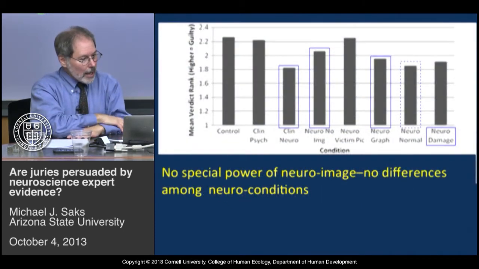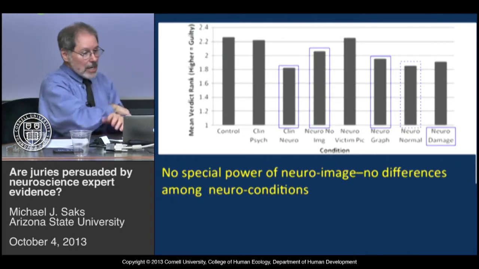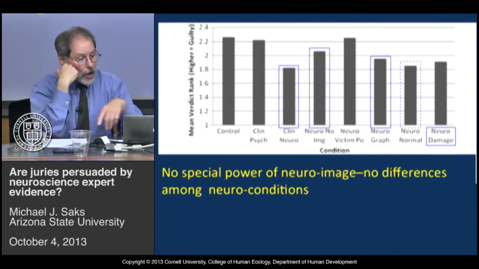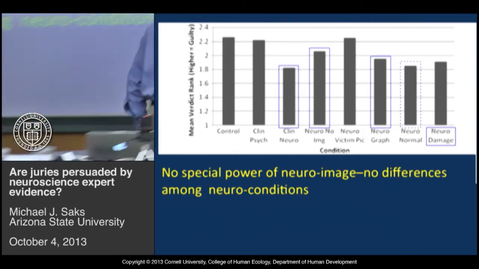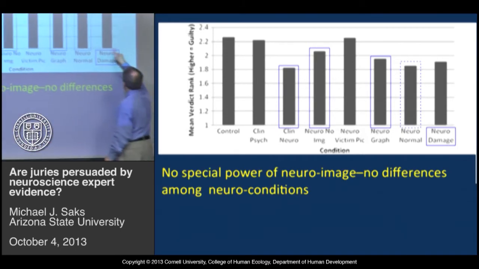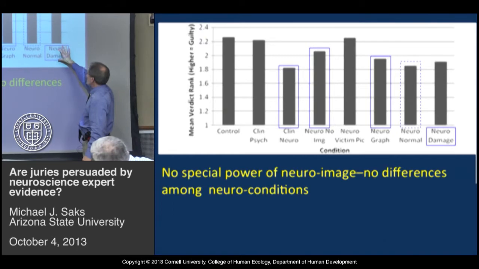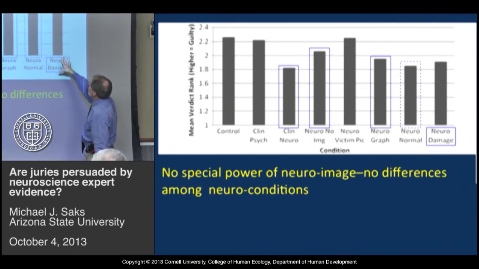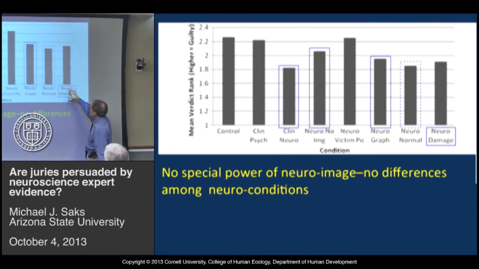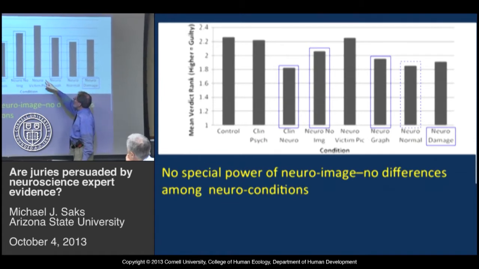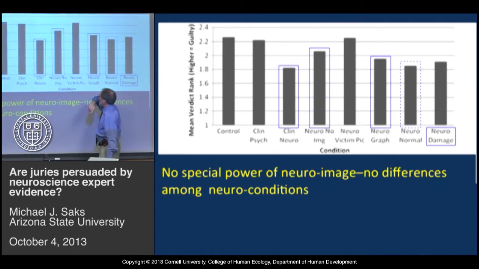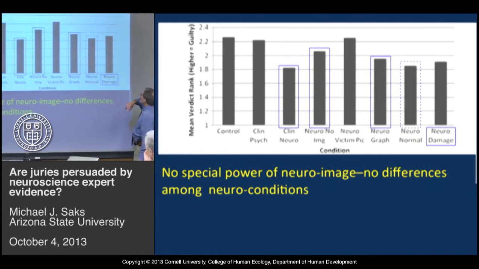So here are the results. Again, no special power of neuroimages. So here's the neuroimage with the damage that's supposed to be the magic, wonderful condition. And every one with the blue lines around them are the other neuro conditions.